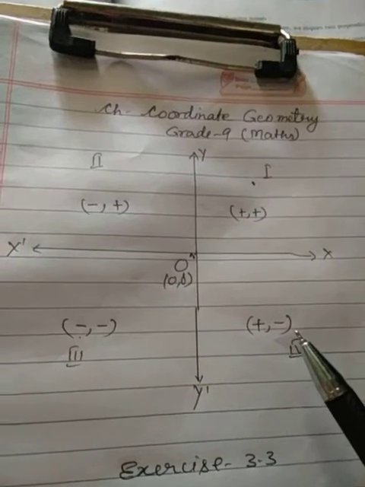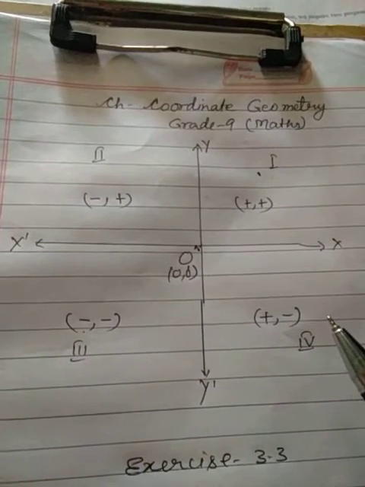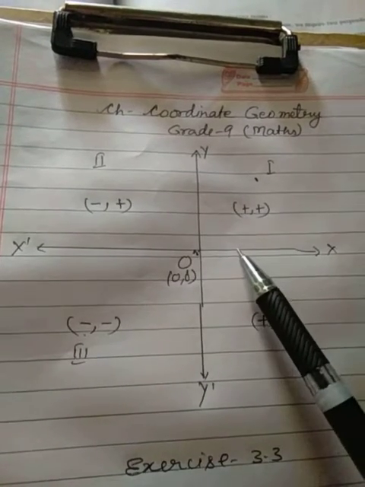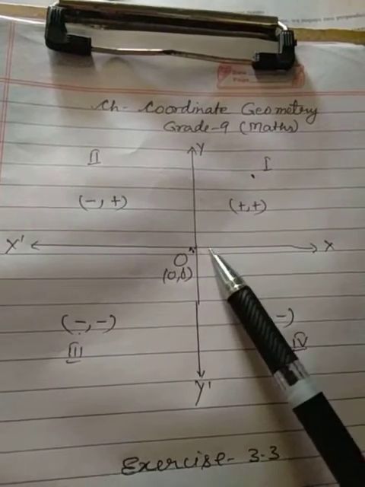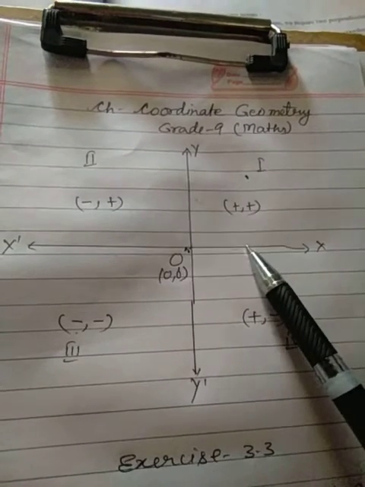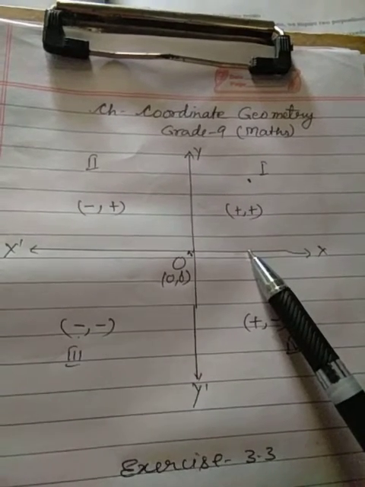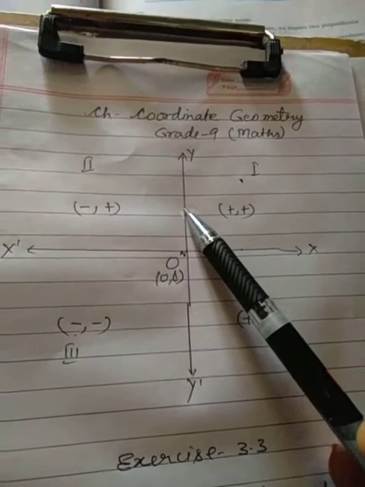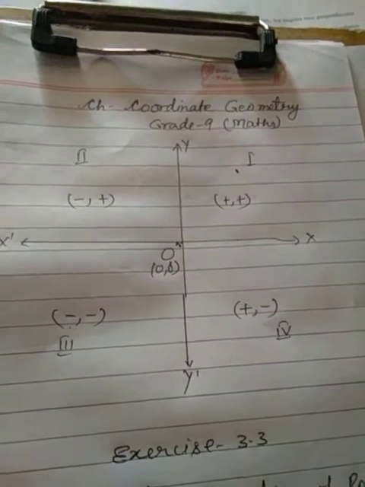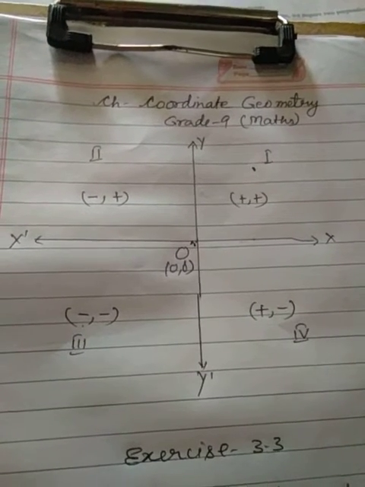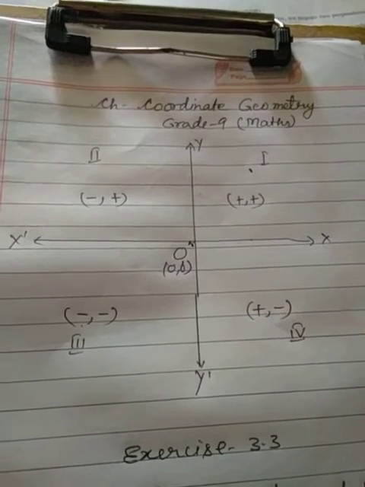There were two more important points. If the point is lying on the x-axis, either on the right side of the origin or the left of the origin, at the x-axis y is always 0, and at the y-axis x will be 0. These are the points to be remembered to understand this chapter and this exercise.